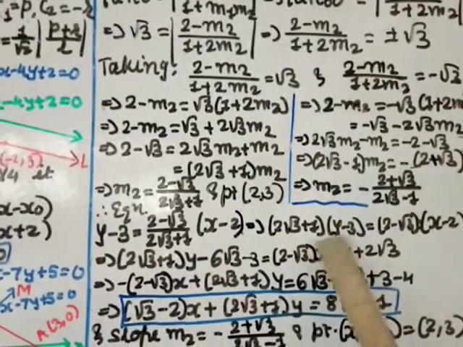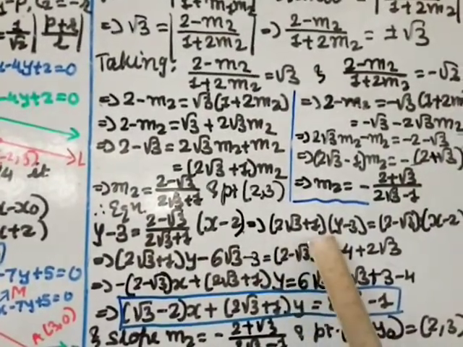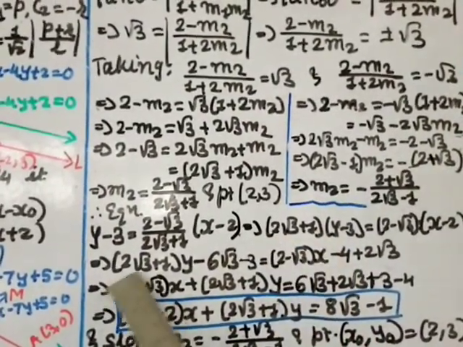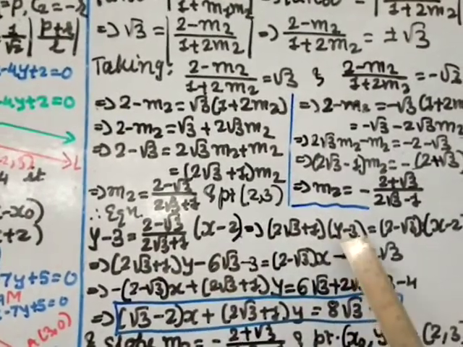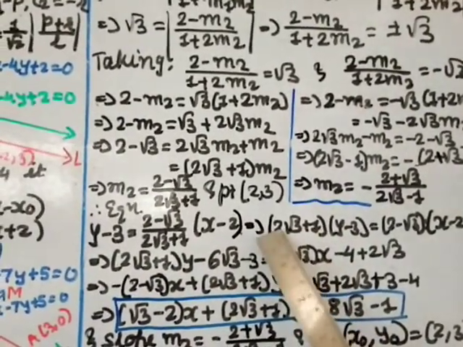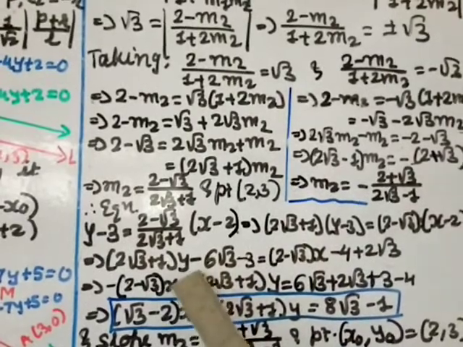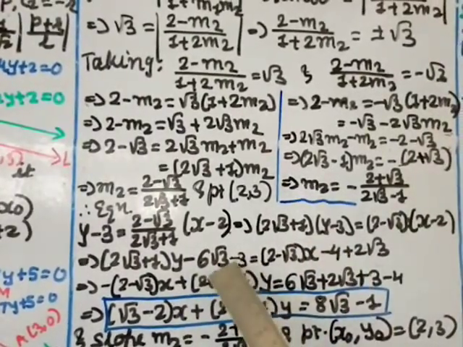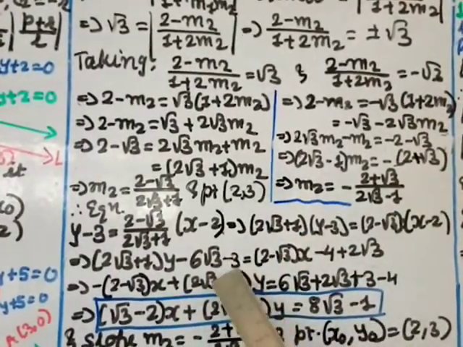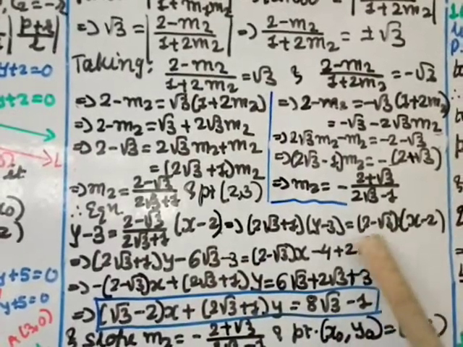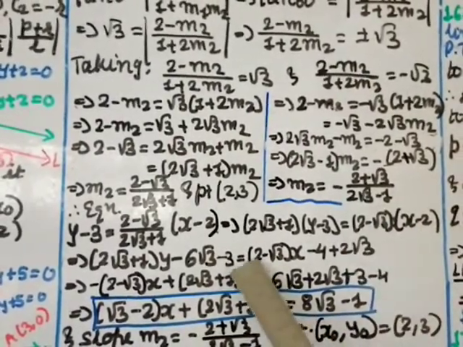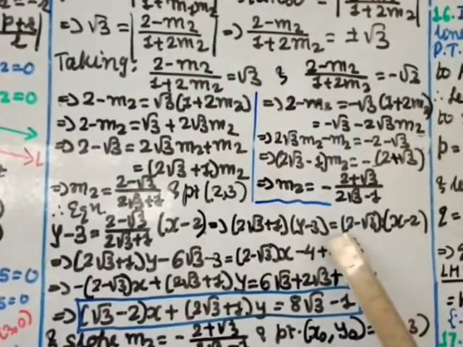From here, y multiplies together as a bracket. Okay, don't open the bracket. So here 2 root 3 plus 1 into y minus 3, I'll multiply individually. So 2 into 3, that is minus 6 root 3 because of the minus here, minus 1 into 3 is minus 3, equal to this side, this bracket with x together without opening, so 2 minus root 3 into x, and these two multiply individually.